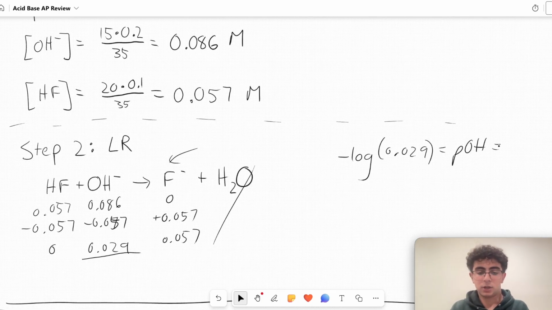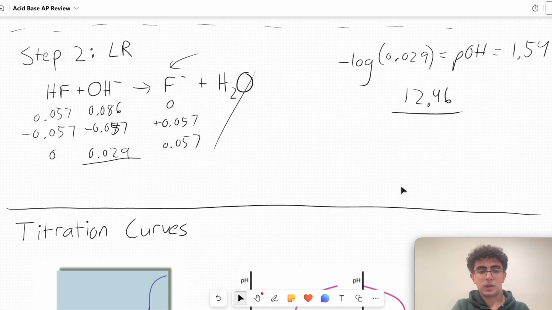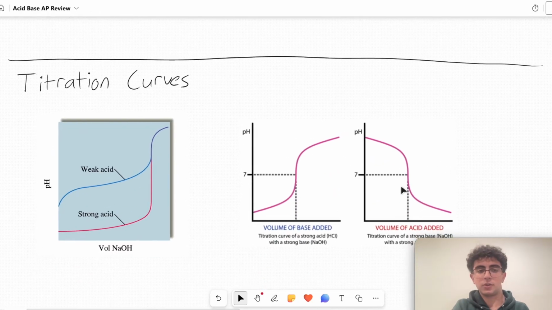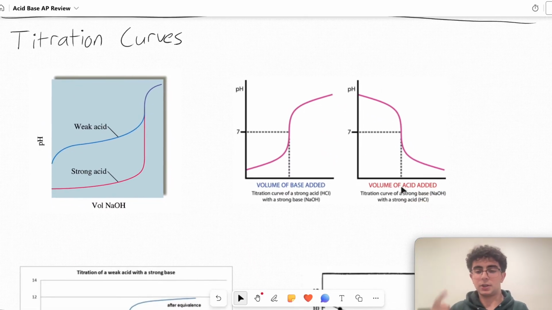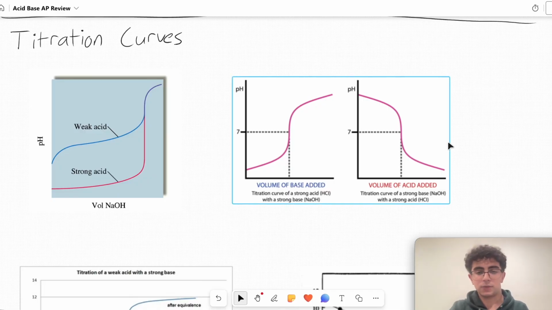So once we negative log that, we get our pOH of 1.54, meaning pH is just going to be 14 minus that value, which is 12.46. So those are the three types of problems you could get for a titration. To recap your three steps, you're going to find your new molarities, you're going to use a limiting reagent chart, and then an ICE chart, and then hydrolysis if you're at the equivalence point.